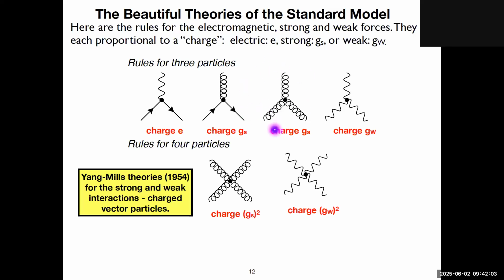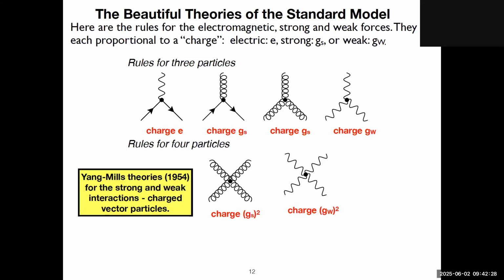The gluons famously interact among themselves in SU(3) in the standard model, and the non-abelian portion of the electroweak vector bosons also interact through the 3-point. And then we also have 4-point, and these 3-point and 4-point are characteristic of the Yang-Mills theories for the strong and weak interactions.